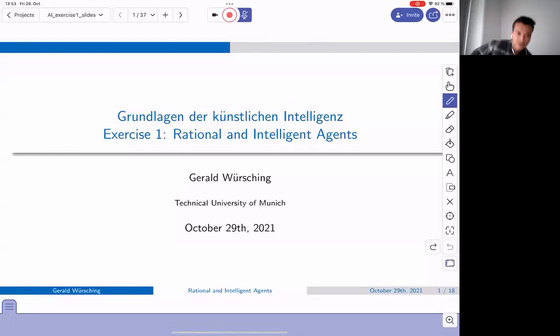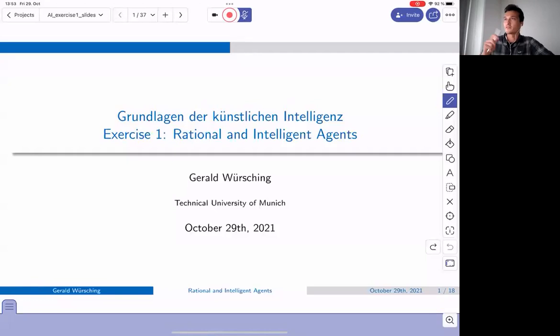So welcome to the first exercise session for the lecture Grundlagen der künstlichen Intelligenz, or basics of artificial intelligence. So basically this is the first exercise we'll have for the introductory lecture, which was on intelligent agents.